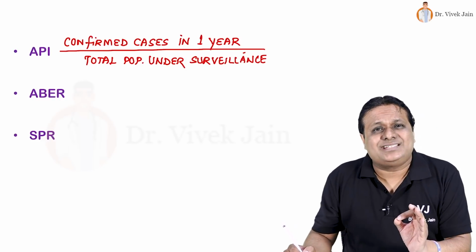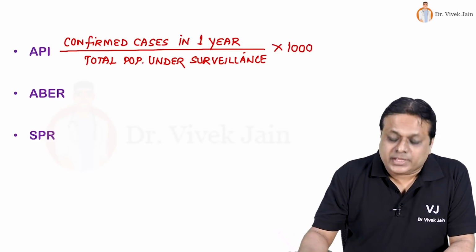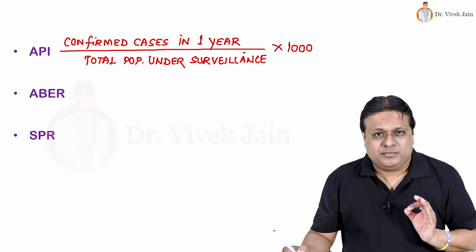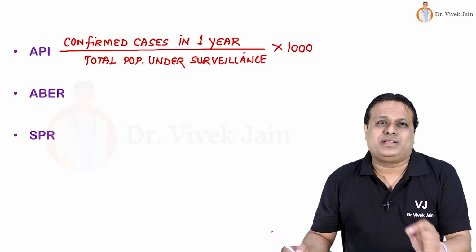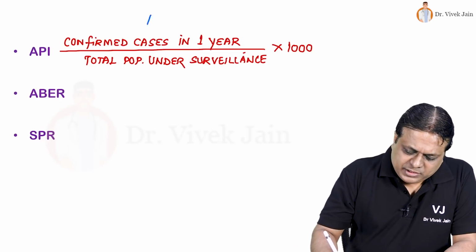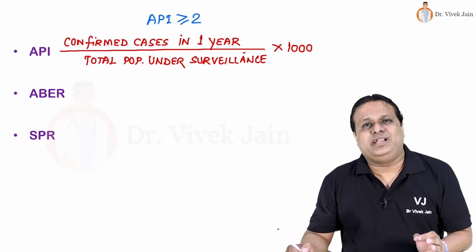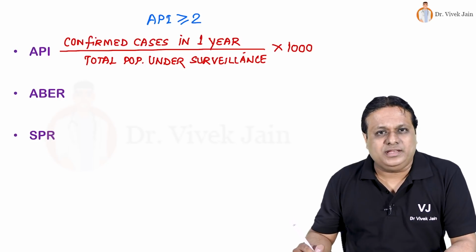Please remember its multiplier carefully, that is 1000. It is the most sophisticated measure of malaria situation. Malaria control is also best depicted by annual parasitic incidence. If API goes above 2, then definitely vector control activities have to be initiated in that particular area.